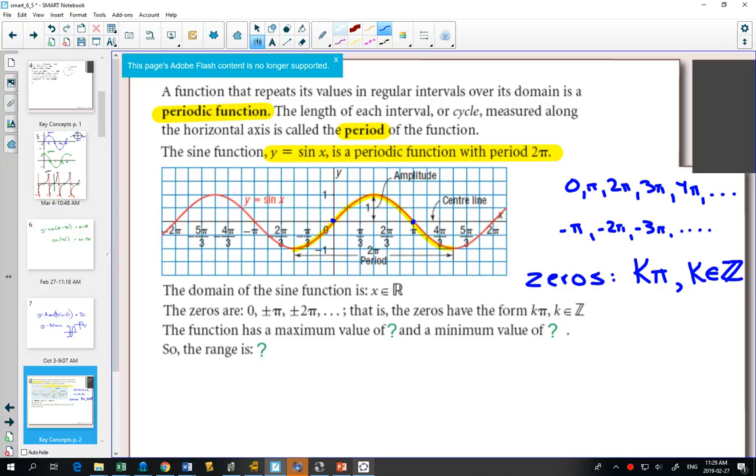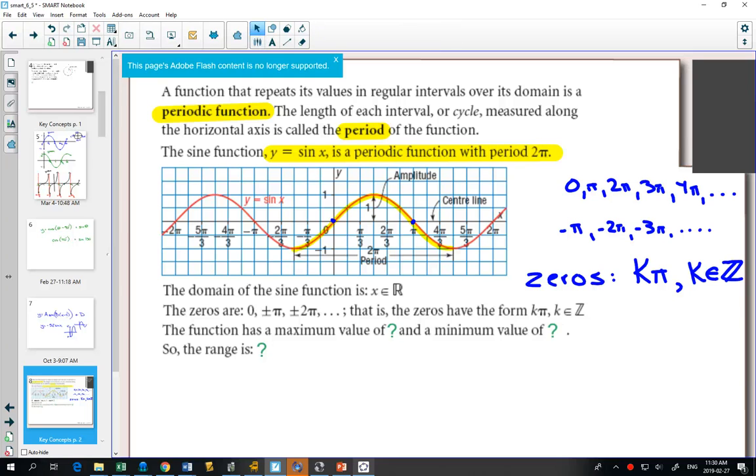And that way we can write them all without having to write them individually. Does that make sense? K times pi, where k can be any integer. That lists them all. Negative 5,380, it's included in there. That's an integer, without having to write that one down.